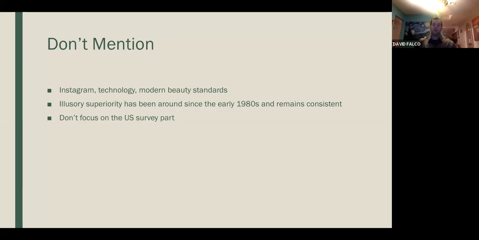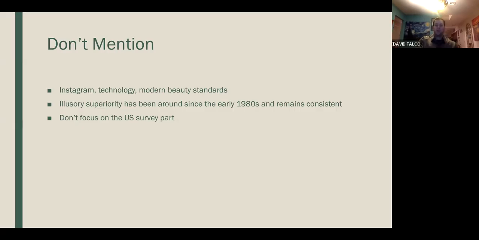I would just generally stay away from how anything about modern technology could be making people feel better about themselves or worse or anything like that. This is such a consistently found study that I think anyone reading this kind of essay would look at it and say that you hadn't done the research and really understand what this effect is.